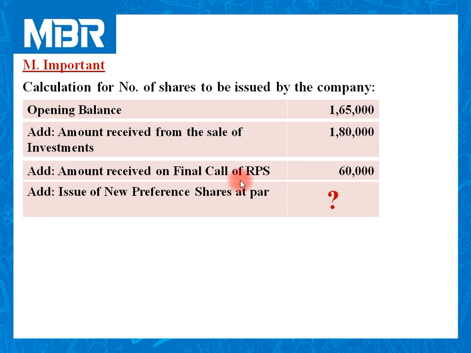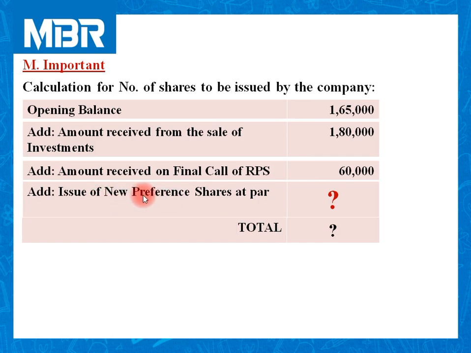Amount received on final call of RPS 1, 60,000, plus issue of new equity shares at par, not preference, equity. New equity shares at par, that we don't know. Total, that we don't know.